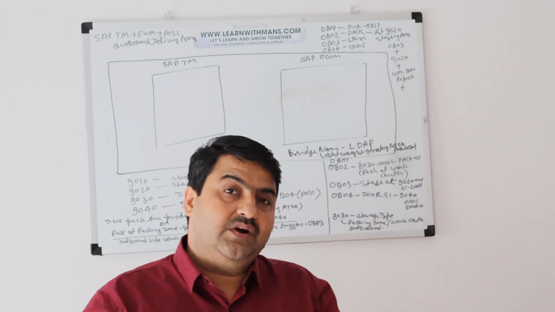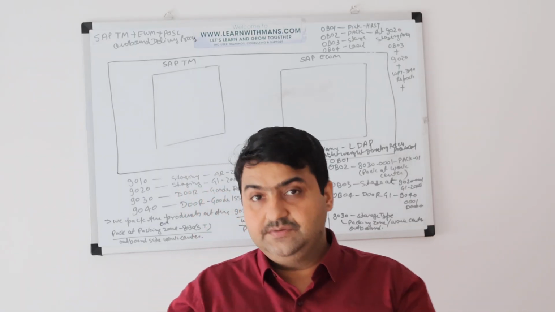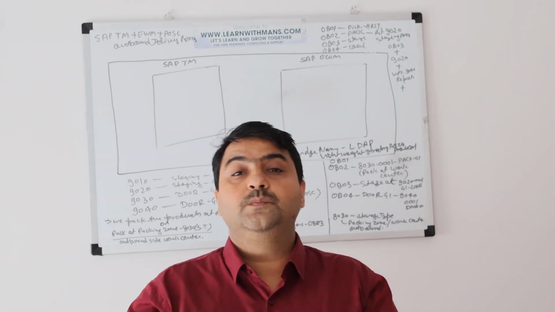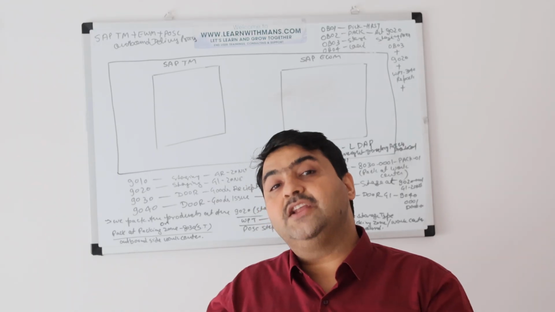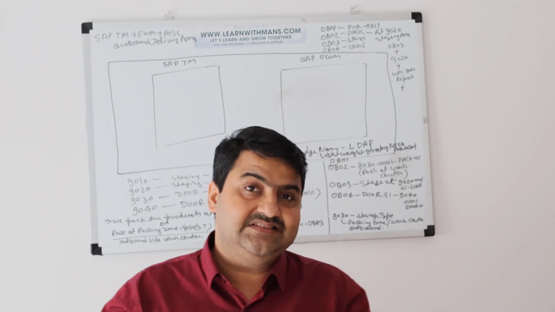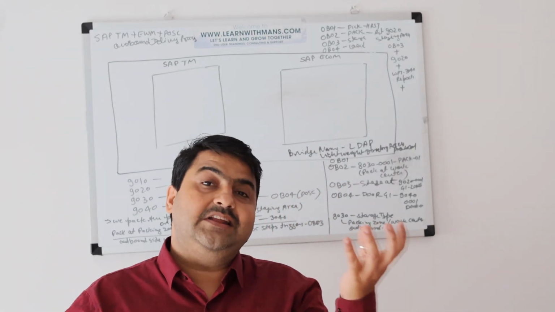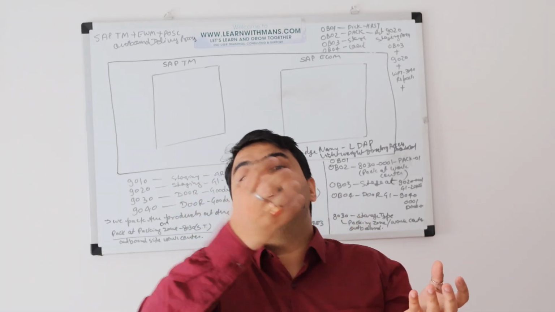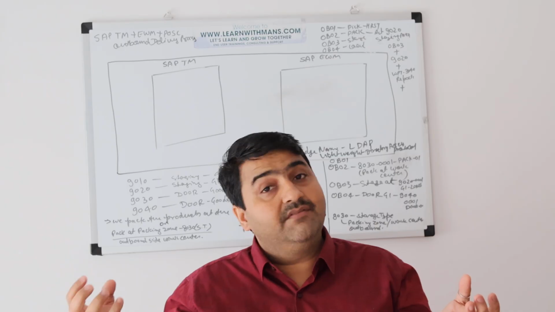So today we are going to understand one of the bridges, which helps to take the data, the records, and the business decisions from the SAP TM system through the network to the EWM system. Why?